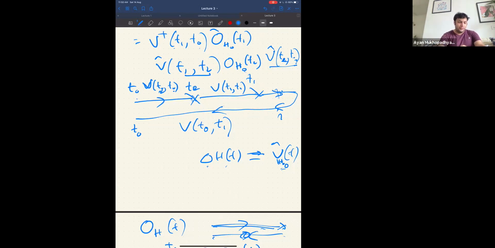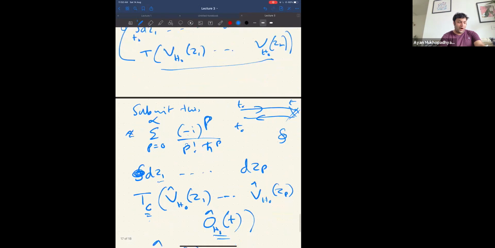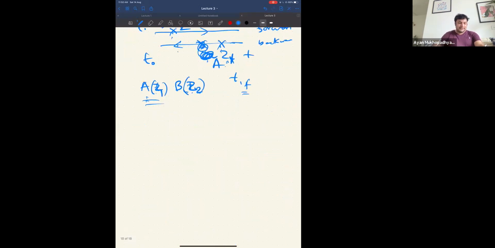Now, why is this advantageous? Suppose I want to compute this object, A(t1) B(t2), where this is in the Heisenberg picture with respect to the actual physical Hamiltonian.